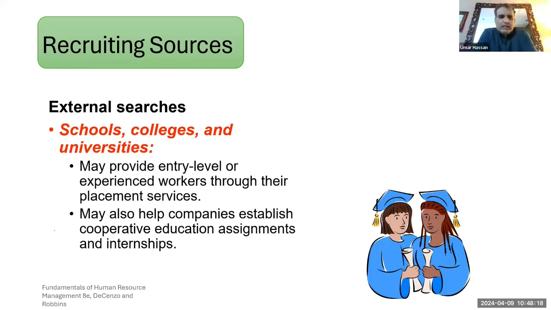All right. In our further recruiting sources, companies can have a liaison, a contact, a connection with schools, colleges, and universities.